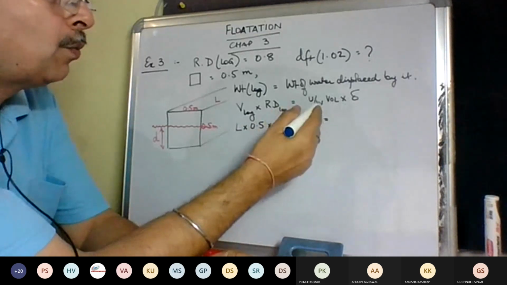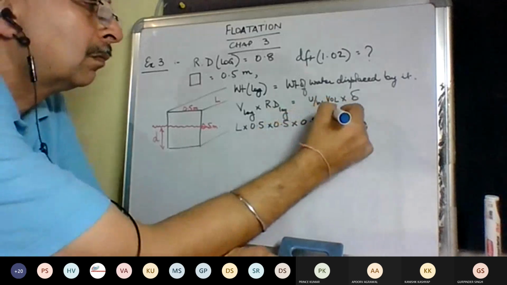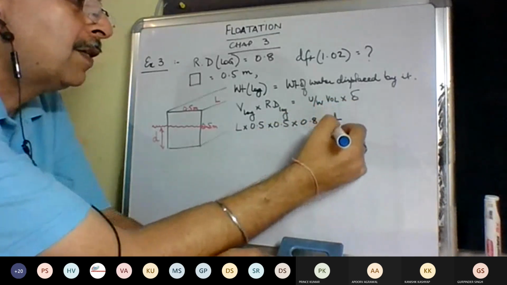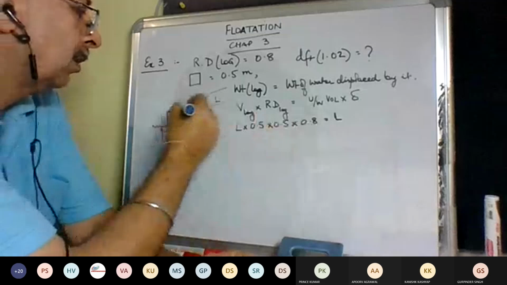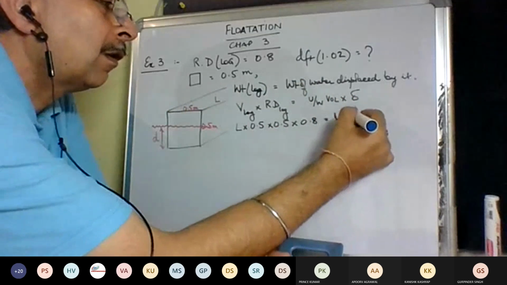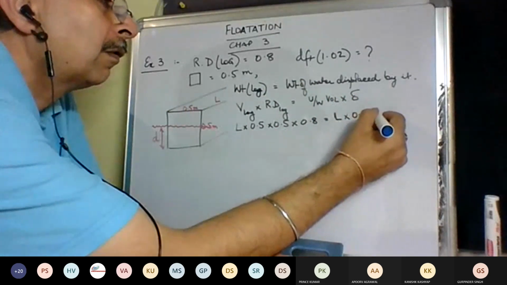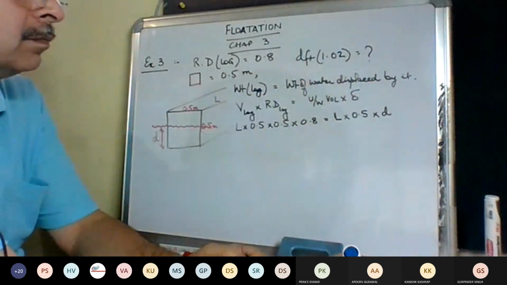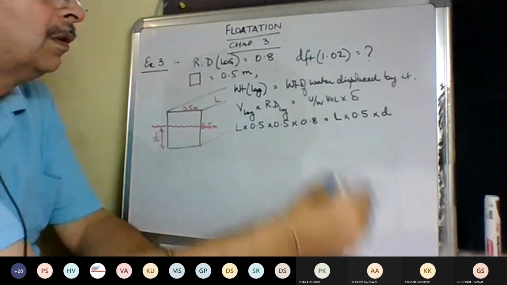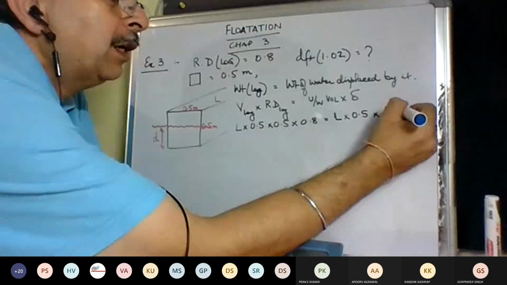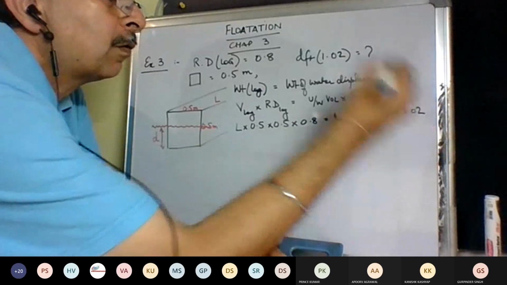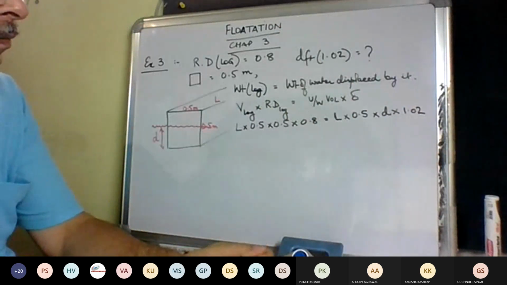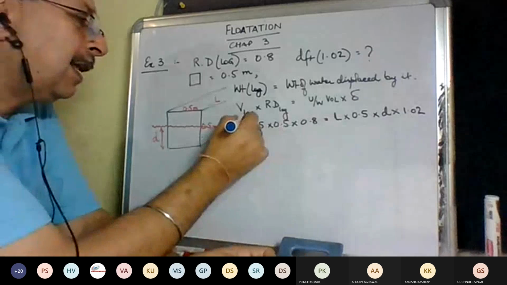This is equal to underwater volume, that is length into breadth into the draft into the density in which she is floating. Length cancels.